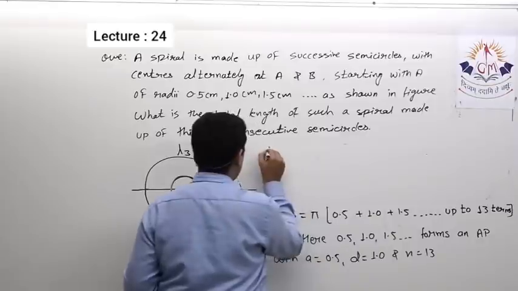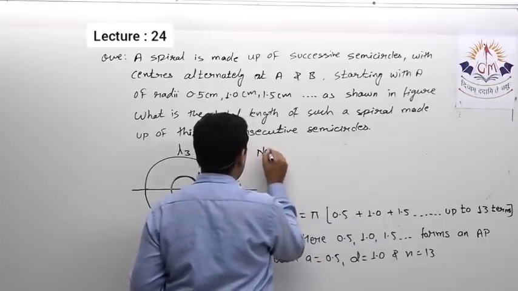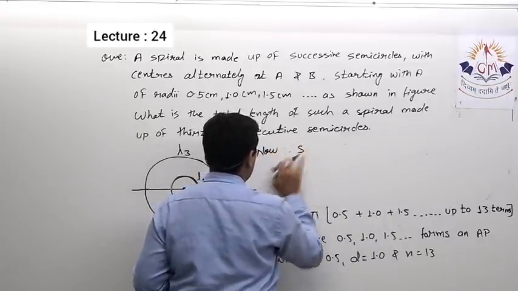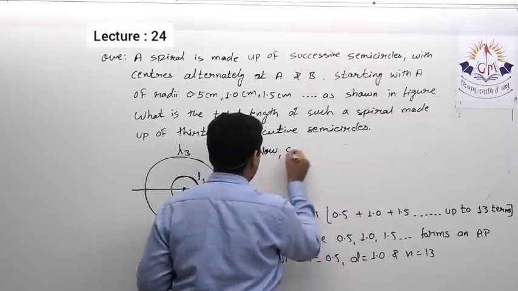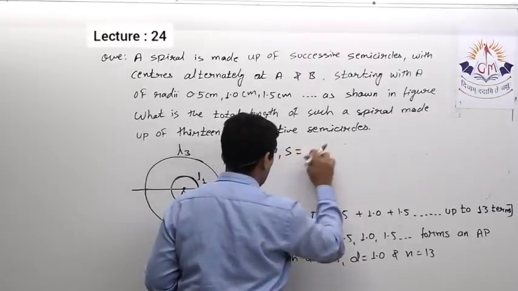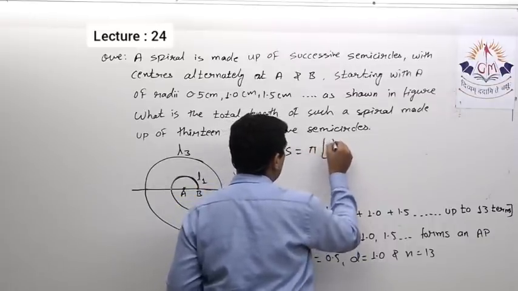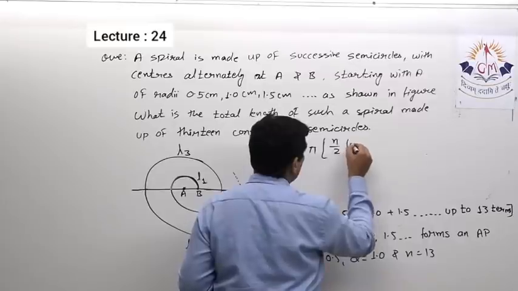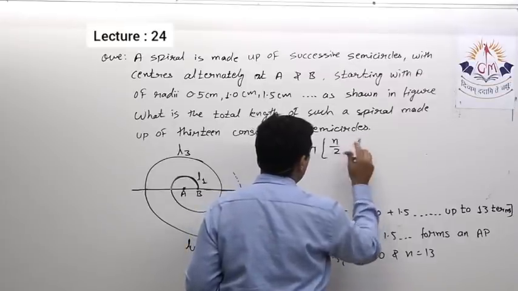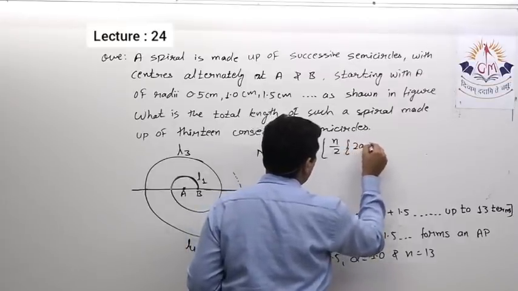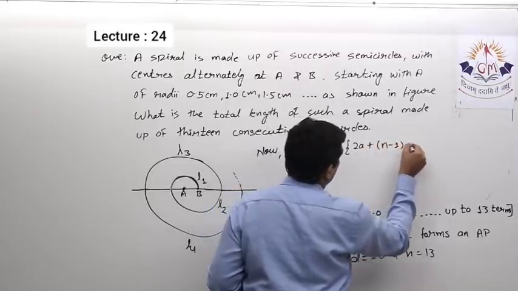Therefore S is equal to pi, and now I apply the formula n by 2 times 2a plus n minus 1 into d.